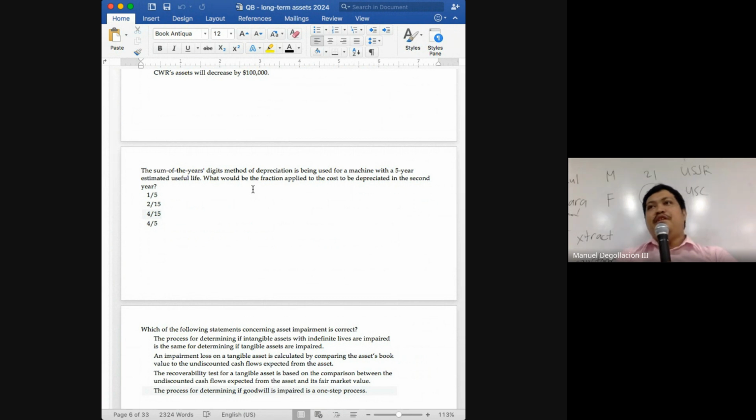What if the useful life is 50? Do you add 50, 49, 48 down to 1? Yes, you can do that, but you shouldn't. What's the faster way of solving for the aggregate sum, class? N times n plus 1 all over 2, n representing the number of years.